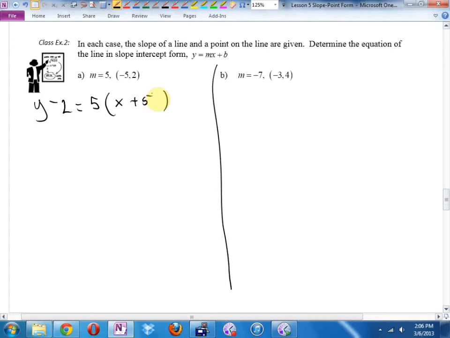There is slope point form, but not slope intercept form. Multiply, multiply. No fractions to clear. Yes? I get y minus 2 equals 5x plus 25.